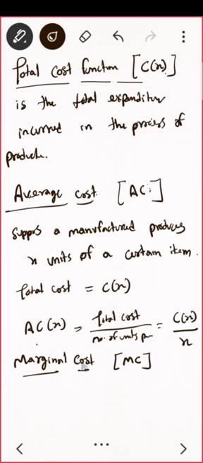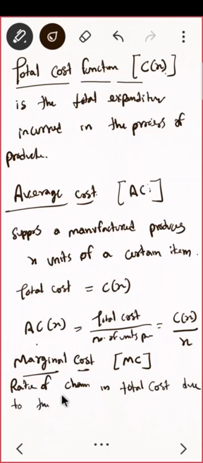The rate of change in total cost due to the change in level of output. What do you mean by that? That means the formula of marginal cost would be the derivative of the cost function, that is, the derivative of total cost with respect to X.